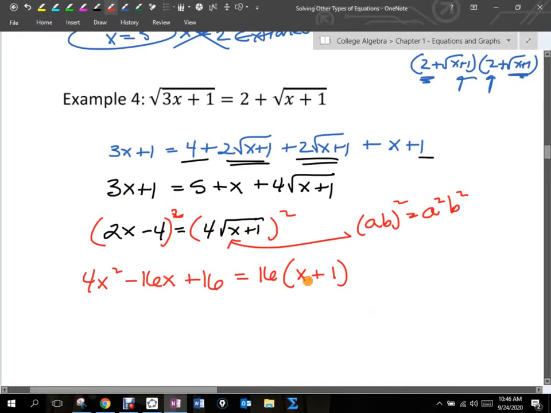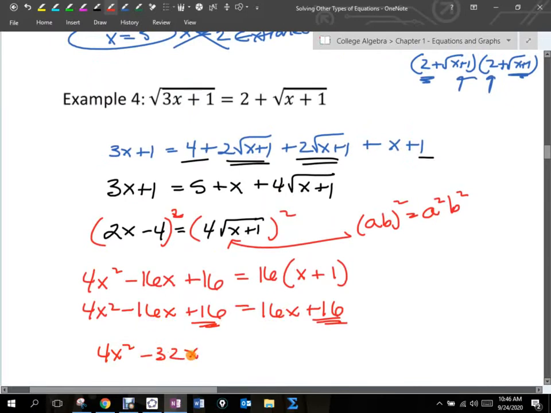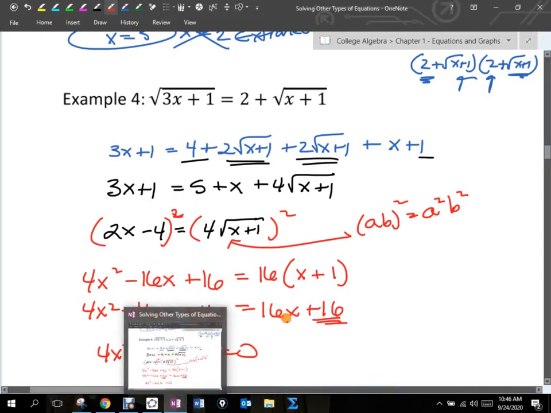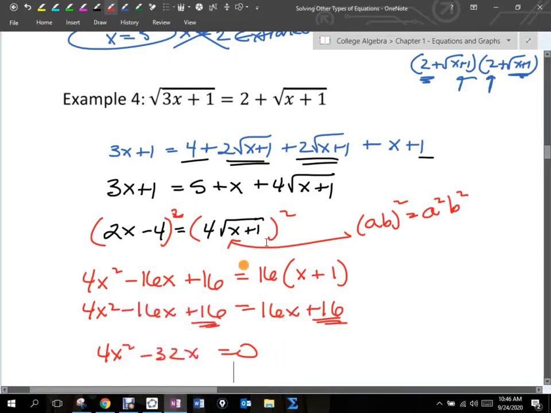So I'm just going to go ahead and rewrite this as 4x squared minus 16x plus 16 equals 16x plus 16. What happens with that 16 and that 16? They cancel, so it leaves me 4x squared. I'm going to move this 16x over at the same time, so it gives me 32x equals 0, right? Okay. What do they have in common? 4x.